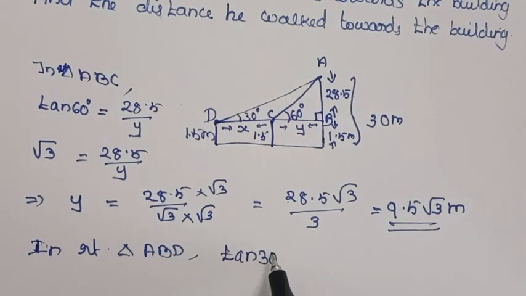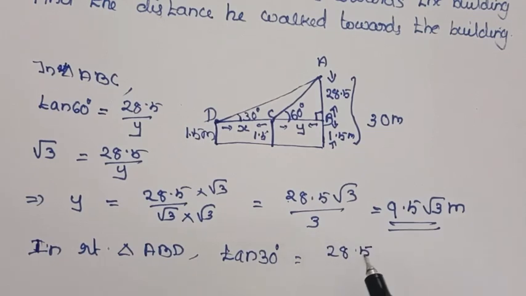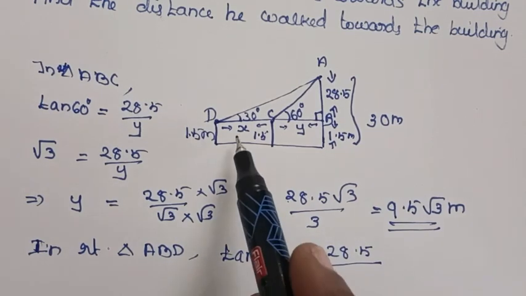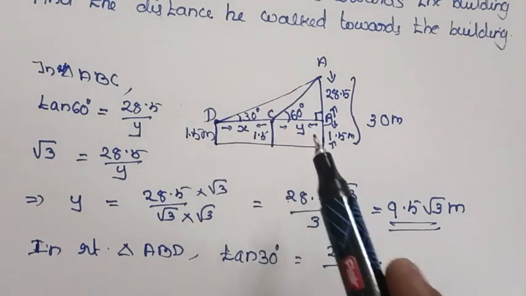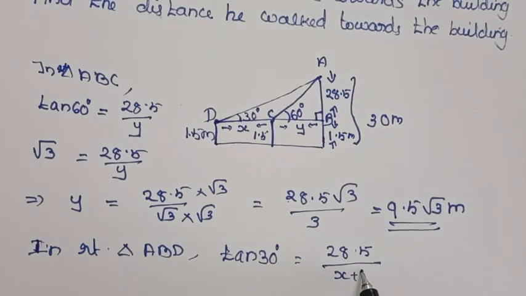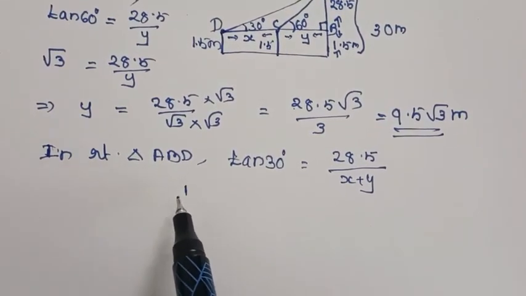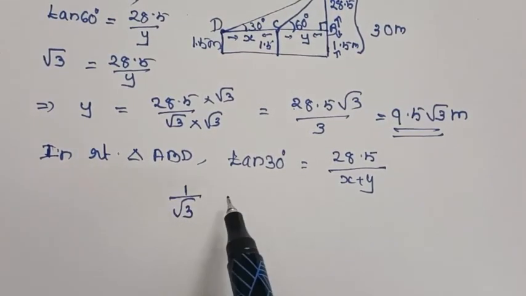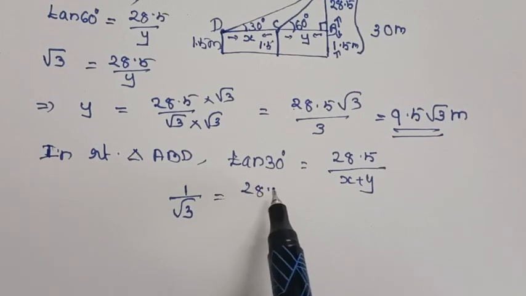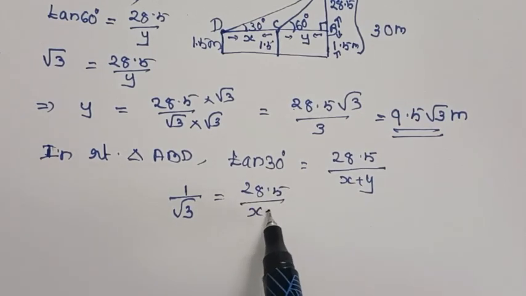Tan 30 equals opposite side 28.5 divided by adjacent side, which is the total distance x plus y. Tan 30 is 1 by root 3. Therefore, we get 1 by root 3 equals 28.5 by x plus y.